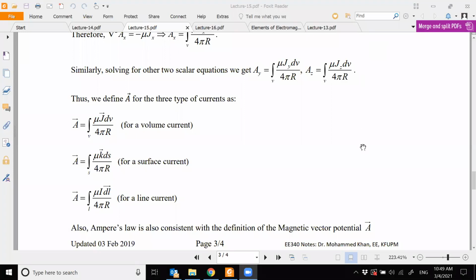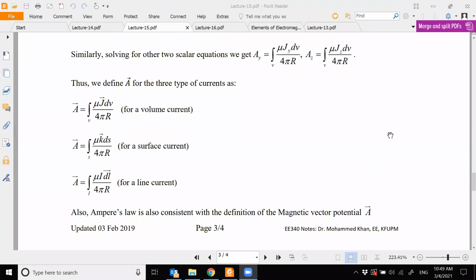We have checked that it satisfies Gauss's law, and it satisfies Ampere's law under the condition that del dot A bar should be equal to 0.